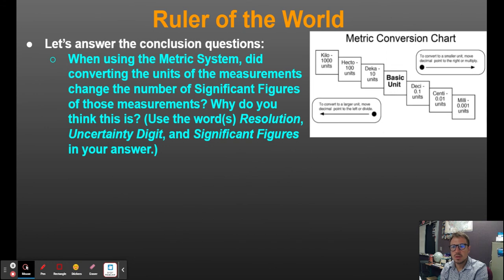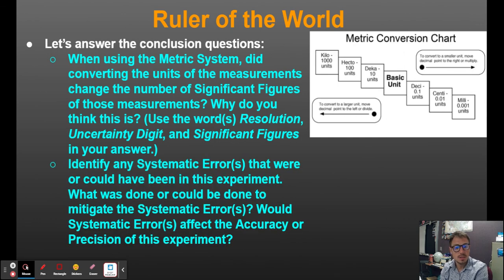One of the questions was, when using the metric system, did converting the units change the number of significant figures? The answer is no, because significant figures depends on the resolution and the uncertainty digit. And systematic errors, well, the systematic error would be that the millimeter might not be accurate. Right? That could be one of the systematic errors.